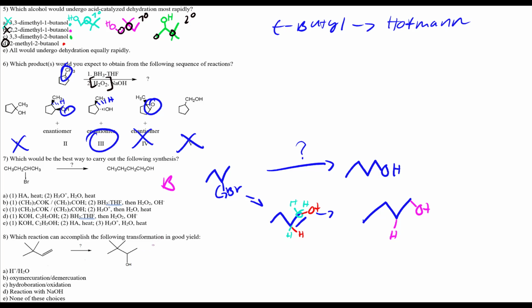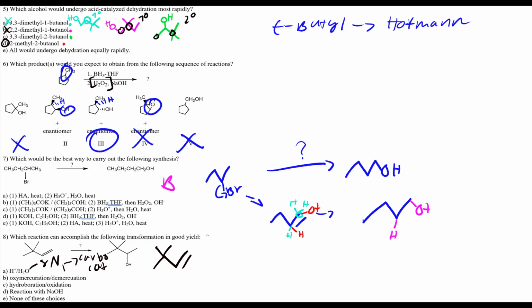Number 8, which reaction can accomplish the following transformation in good yield? Well, if you did answer choice A, it would look like this. And remember that it goes through a carbocation because this is an SN1 reaction, right? So we're going to say carbocation.